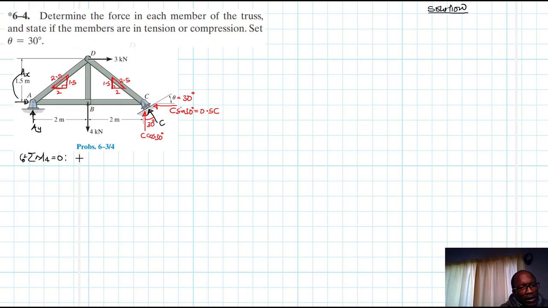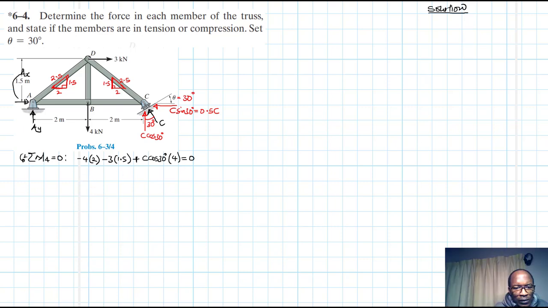We have a minus 4 by 2, and then we have a minus 3 by 1.5. Then we have a plus C cos 30 times 4, equal to 0.